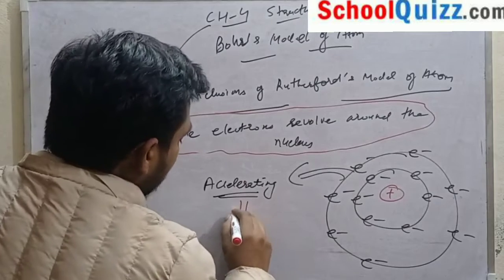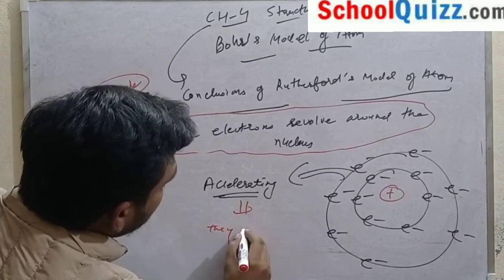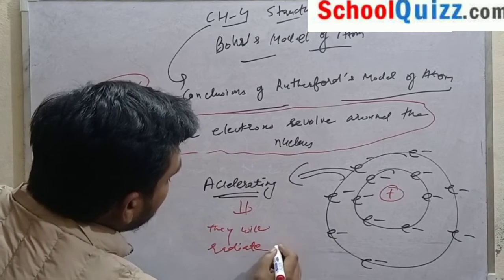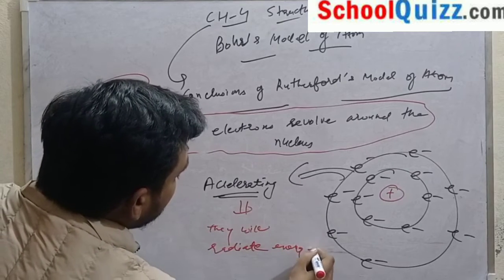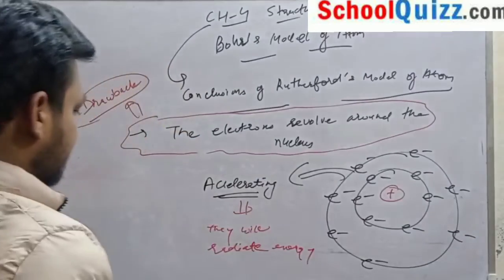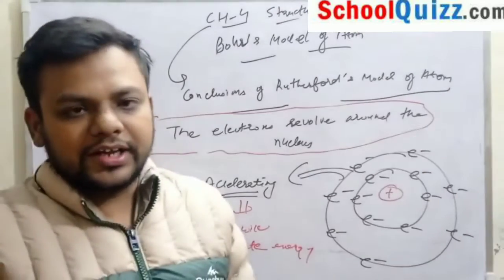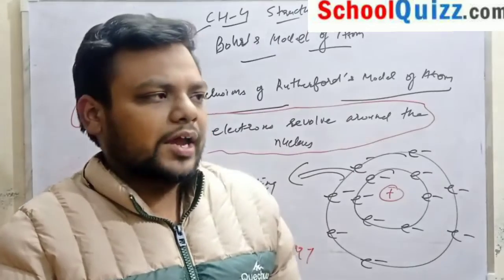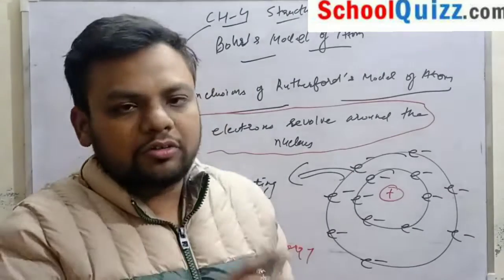Accelerating means they will radiate energy, which means they will lose energy. As we know, accelerating particles will radiate energy. So after some time, they will fall into the nucleus.